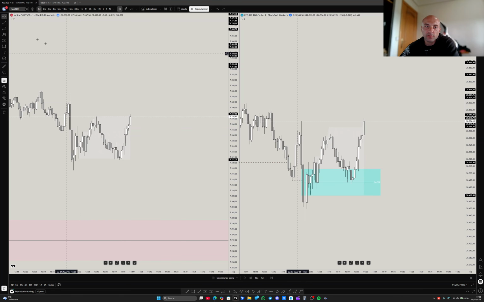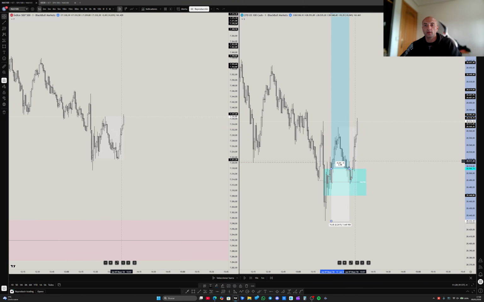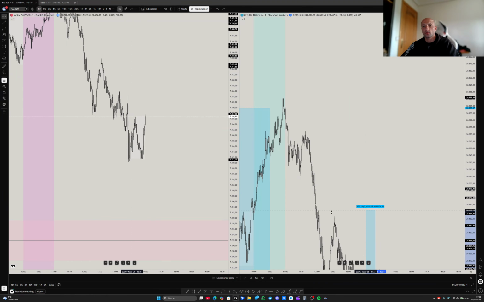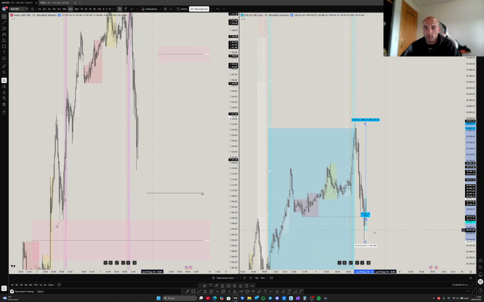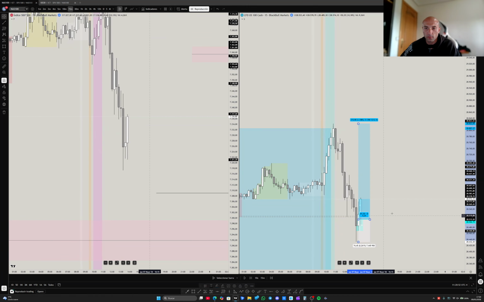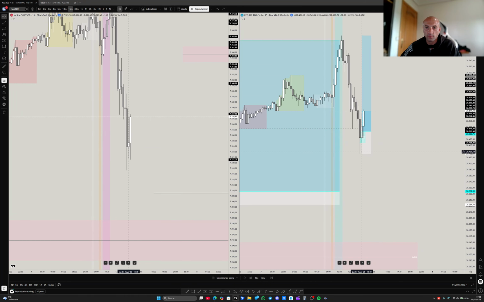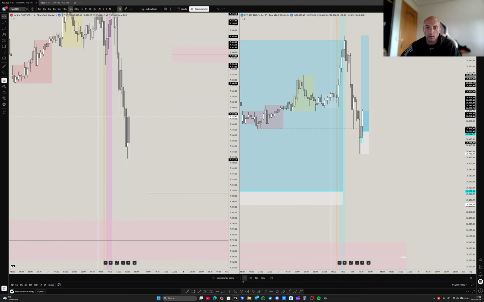As soon as it inverts it, you can open a long here with the stop loss there and target the highs, or at least here the first TP will be there, 1 to 2, and the second one at 1 to 4. So let's see if this one works out, which I think it would, but this is at 12:30, I guess.